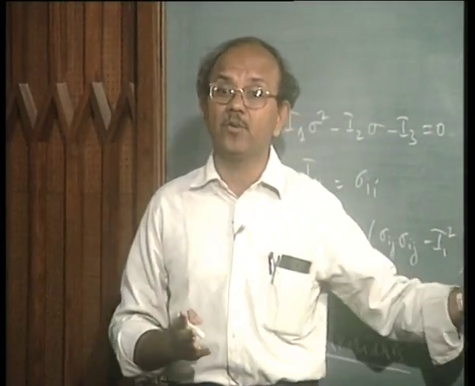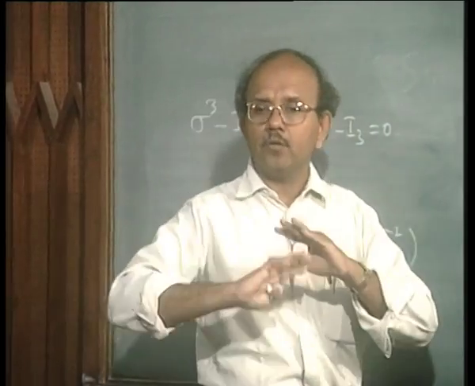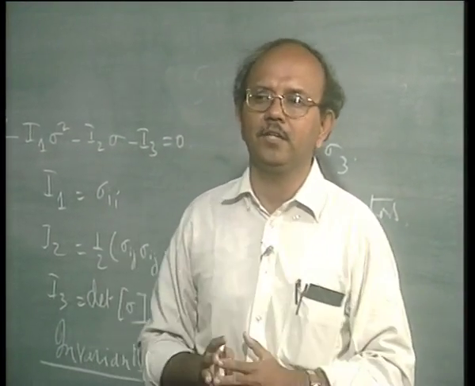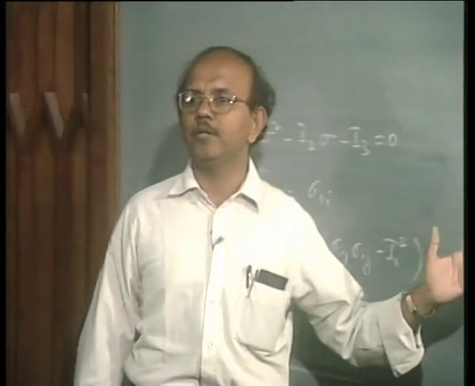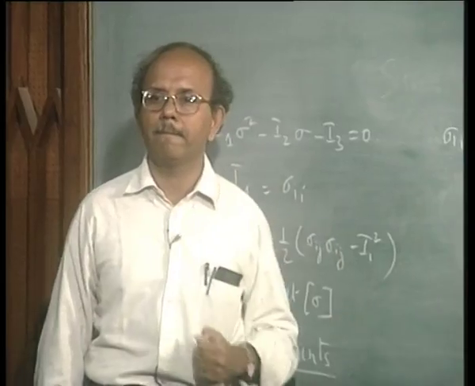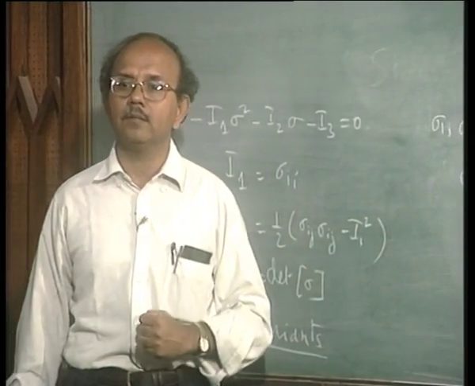Why? Because eigenvectors are orthogonal. So, you see that whatever you have studied before comes beautifully from our theory that we can define stress as a tensor and so on. Hence, these principal planes are orthogonal.